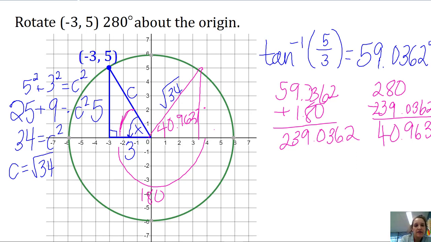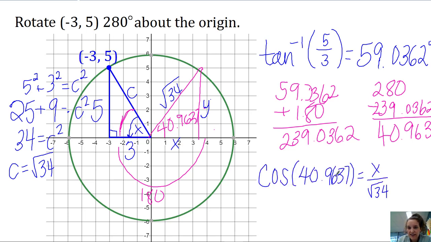Now I'm going to find my x-coordinate and y-coordinate using SOHCAHTOA. I have this angle and I know my hypotenuse, so to find x, that's adjacent over hypotenuse, which is cosine. Cosine of our angle is equal to x over root 34.